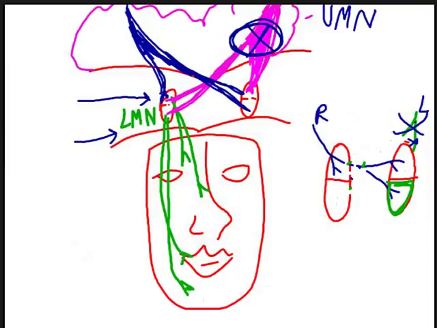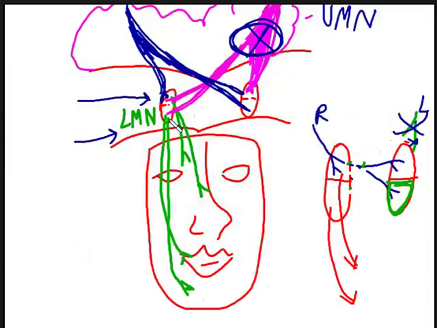From this upper part, the fibers will go to the upper half of the face. From this lower part, the fibers are going to go to the lower half of the face, right? So we had destroyed this. We can see that the upper part of the nucleus, the fibers from that have gone, and from the opposite side, both the upper and lower, the impulses from this corticonuclear have gone.